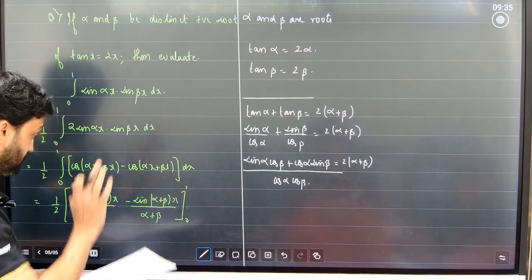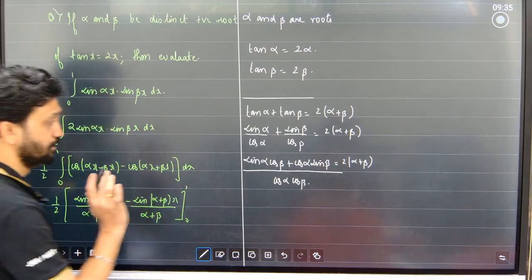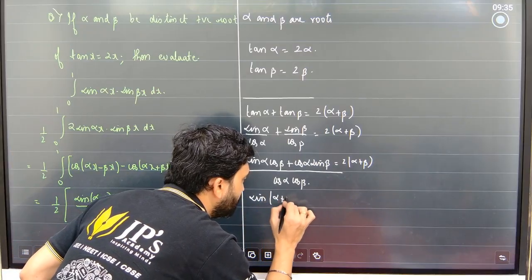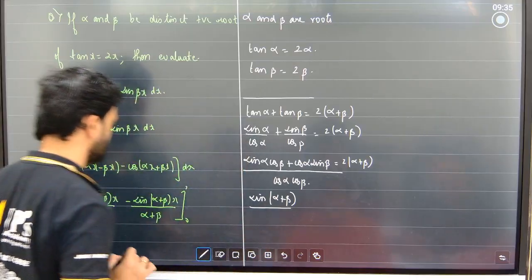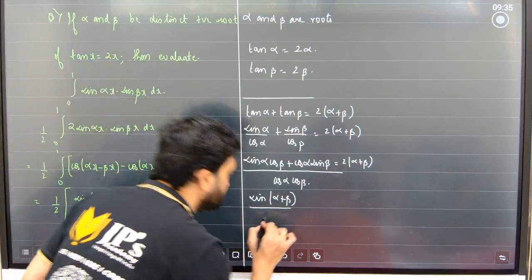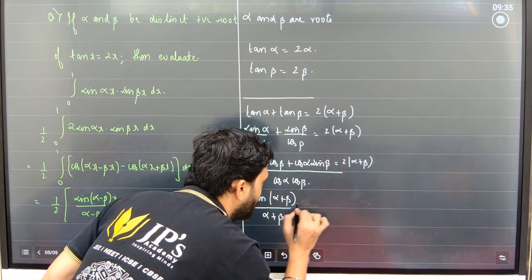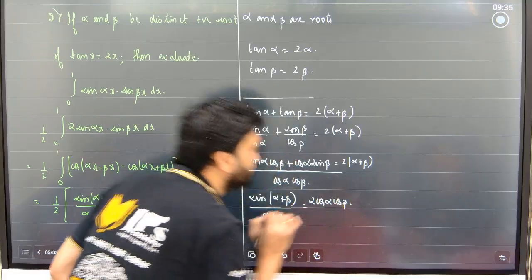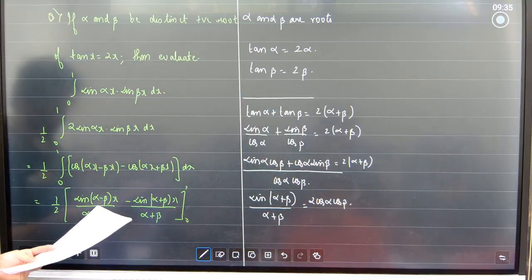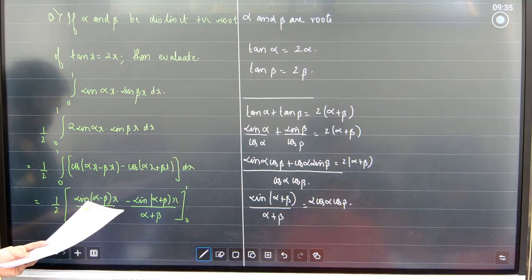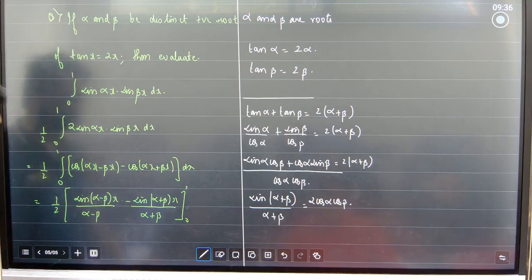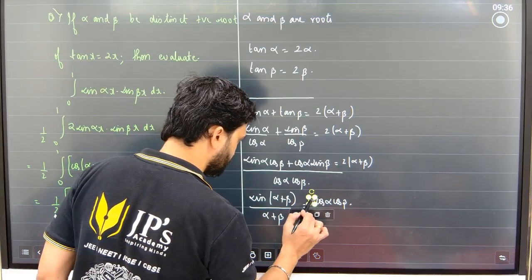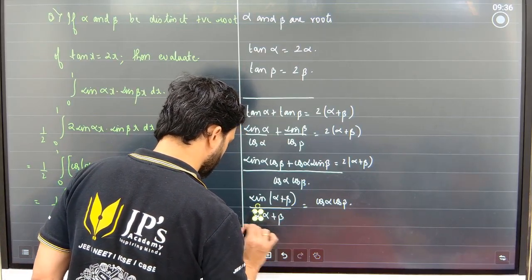Now if you check this, this will become sin alpha plus beta upon alpha plus beta is equal to 2 cos alpha cos beta. We take the 2 to the other side as well.